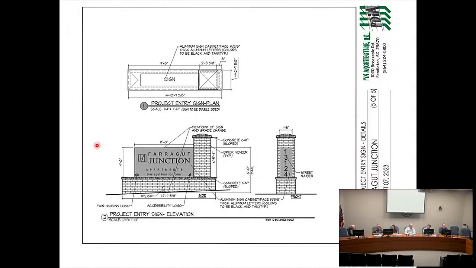And then the last thing that I was waiting on for this, and they were going to correct, but I didn't get the correction yet, is just some verification. This is a minor thing, but there's a little grade shown on this drawing, and the 6-foot max height is sort of on what is going to be the short side of the sign, and the base has to be 2 foot.